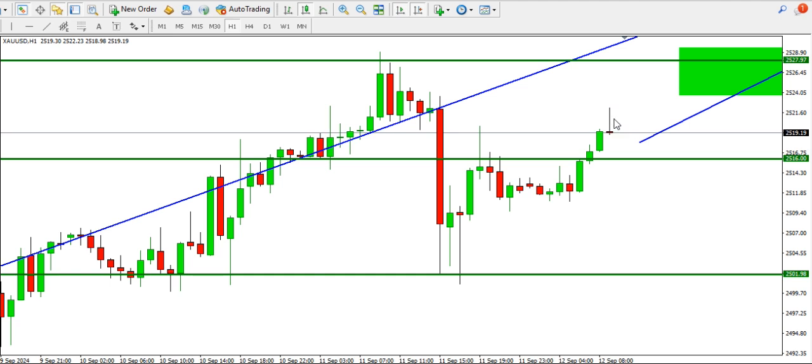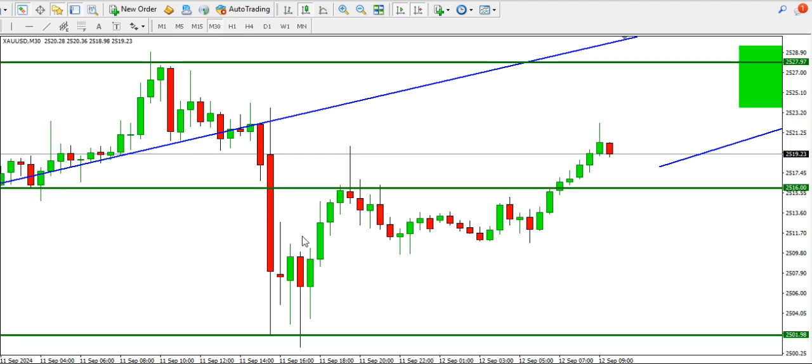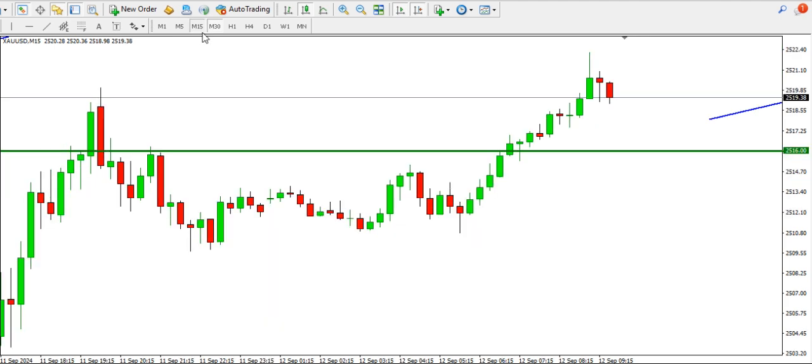Price is attempting to get to this very high, the 2528 level. On the 30 minutes time frame, what do we have? We have a range, more like a balance between the buyers and the sellers at this particular point. So we will be waiting for a breakout, but most likely price is likely to break out to the top.